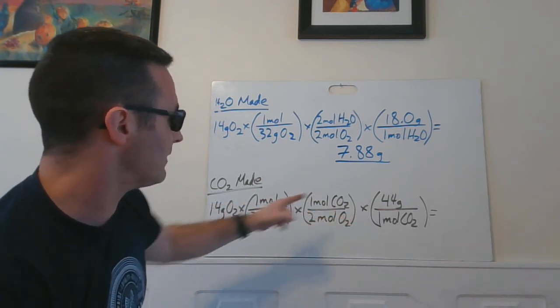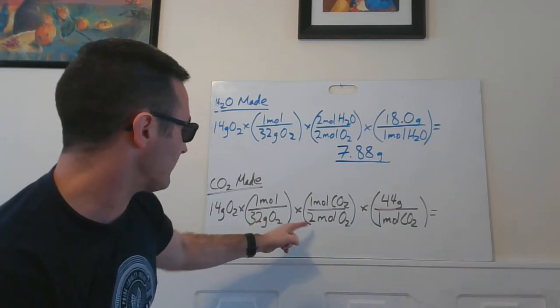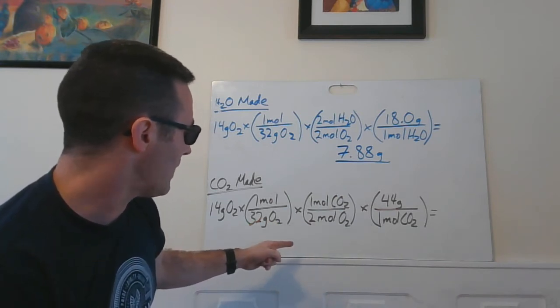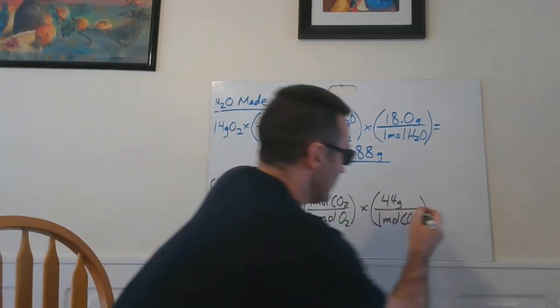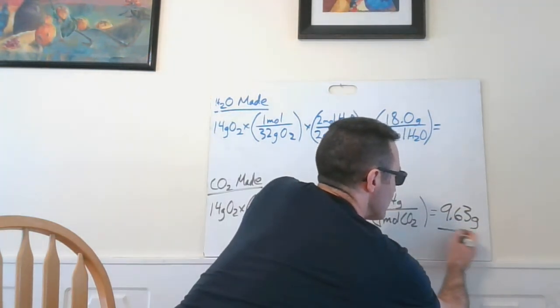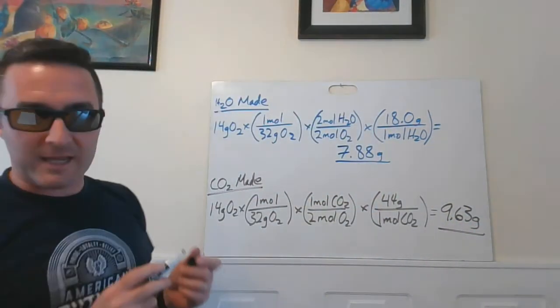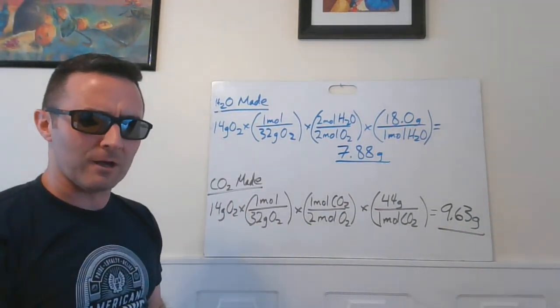So, 14 times 44 divided by 32 times 2. When you put all that in there, that's 9.63 grams. The answers from the two different methods both come out really close.